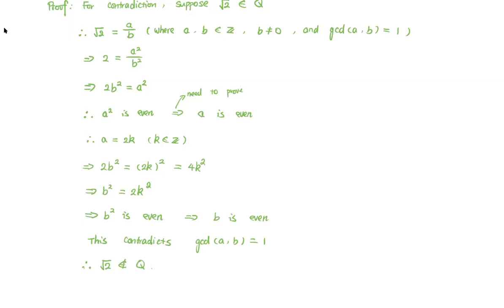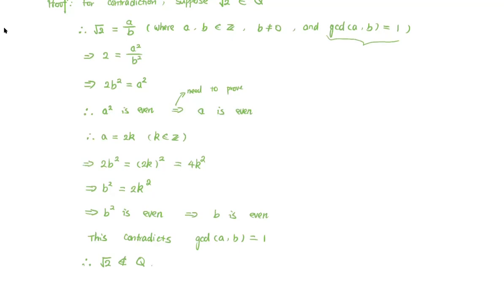Yes, they are relatively prime. That's what GCD of a and b means: the greatest common divisor of a and b is 1. So a and b are relatively prime, or a over b is in lowest terms. They all mean the same thing.